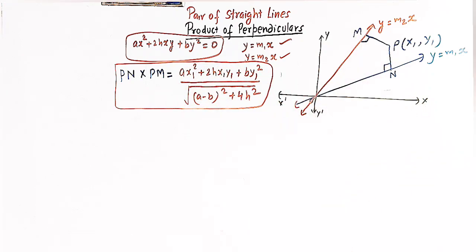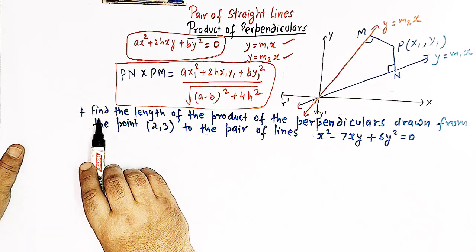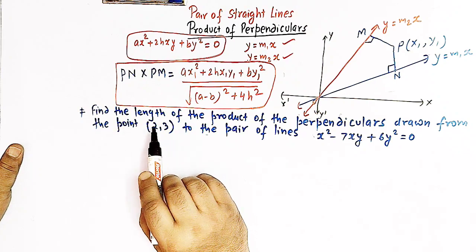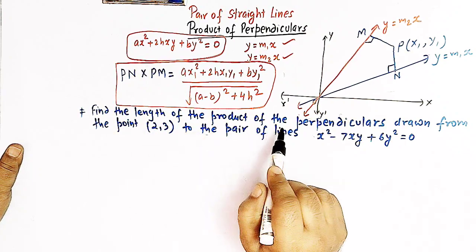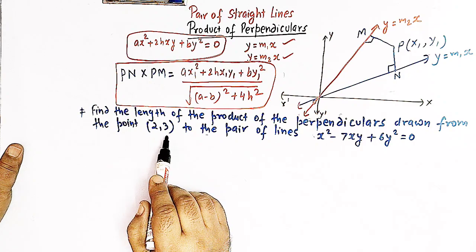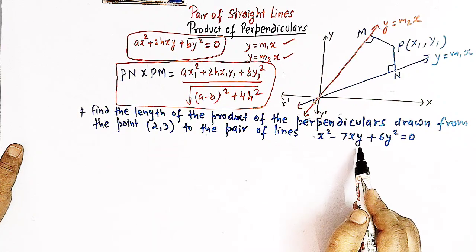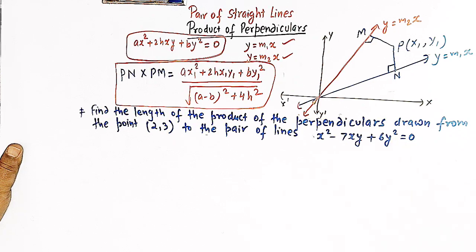So let us consider the example. Let us consider this problem in which we have to find the product of the perpendiculars drawn from the point (2, 3) to the pair of lines x square minus 7xy plus 6y square is equal to 0.